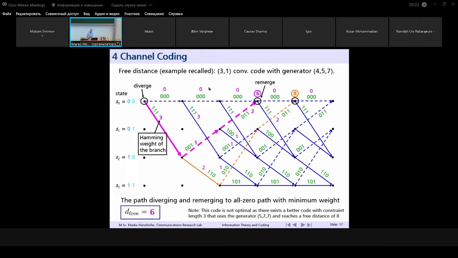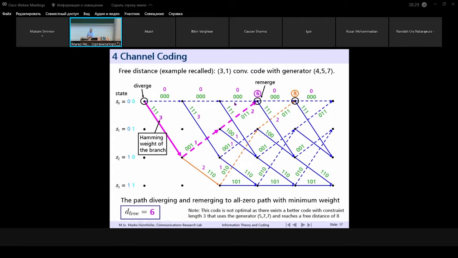So we could say if we have a free distance of 6 here, we could correct the floor of (d_min minus 1)/2 bits within this sequence of 9 bits. But this is not how it's typically used. It's typically just used as a performance number of these convolutional codes.